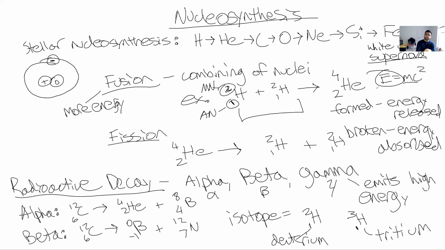So essentially, if you want to calculate how much energy was produced during the formation of that bond, you would calculate how much mass was lost overall, multiply that by the speed of light squared in meters per second, and that will tell you how much energy in joules was produced.